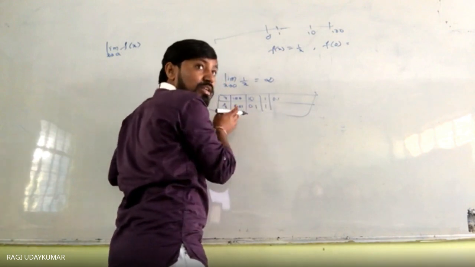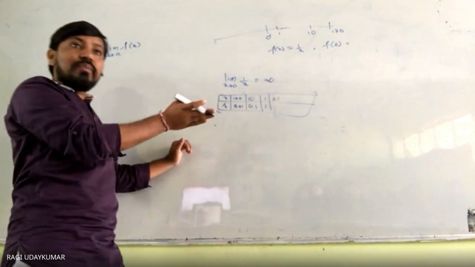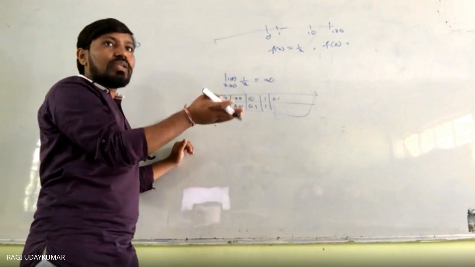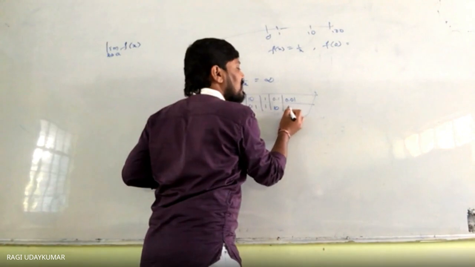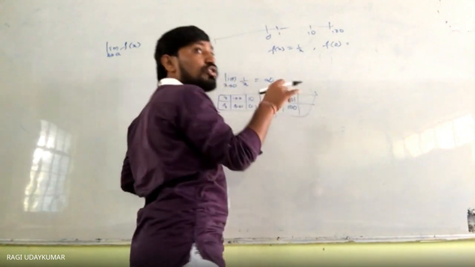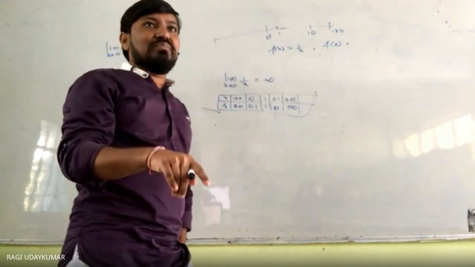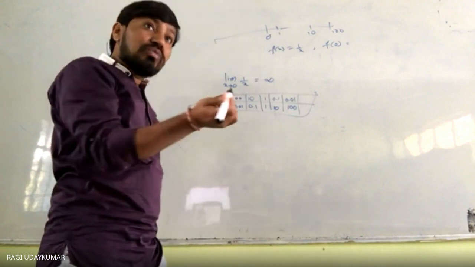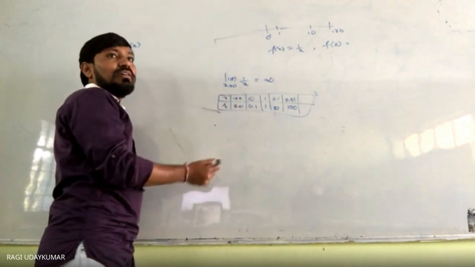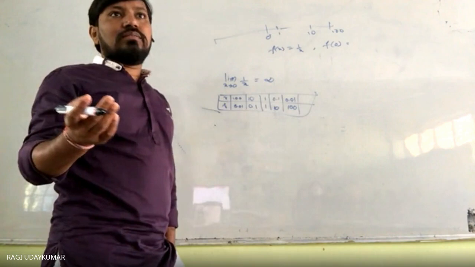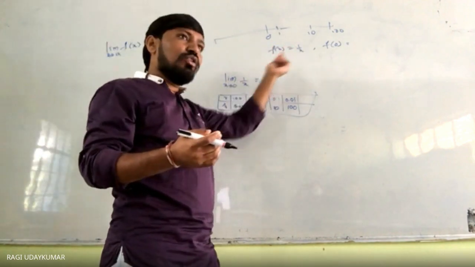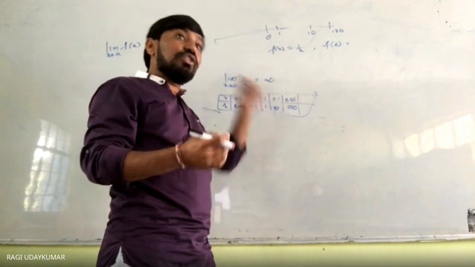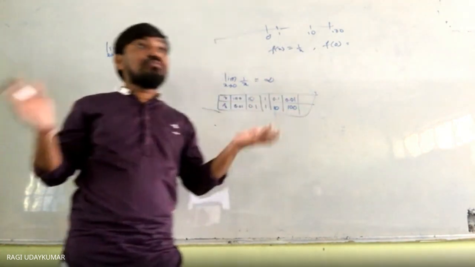So when x is 0.1, we are moving towards 0, approaching 0. 0.1 means you are going to get 10, 0.01 means you get 100, 0.0001 means a big number. As x gets near to 0, the value of 1 by x keeps increasing. The nearer x is to 0, the bigger the number you get for 1 by x.